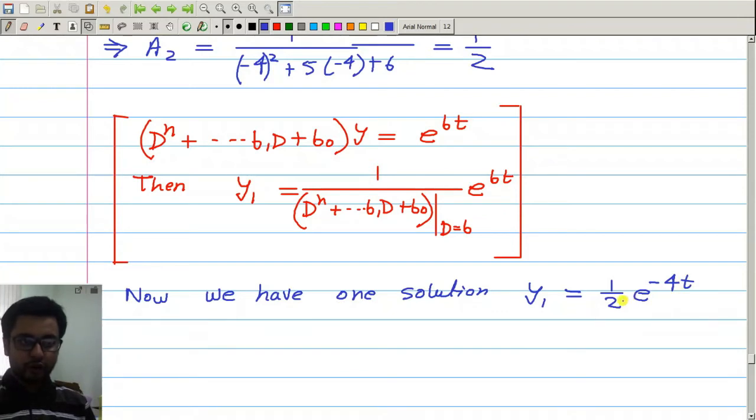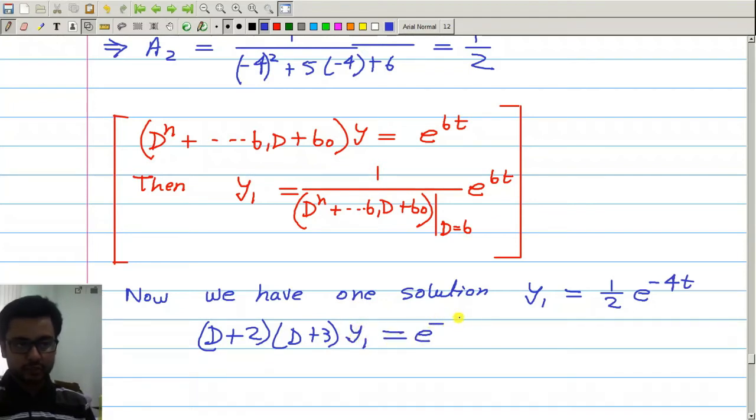So we have got one solution which satisfies the given differential equation equal to this input.